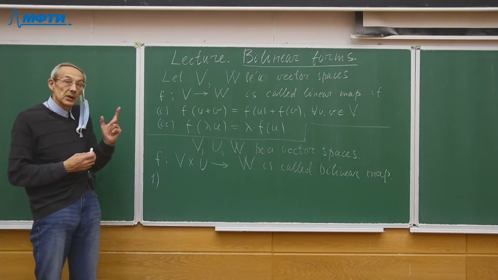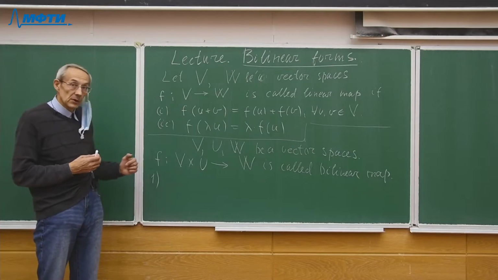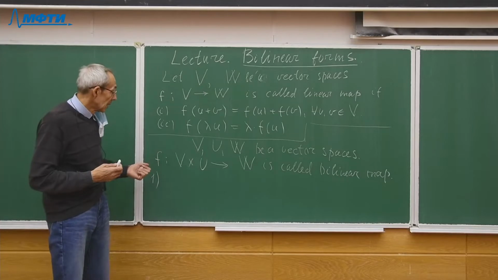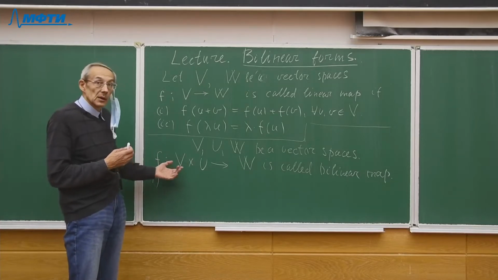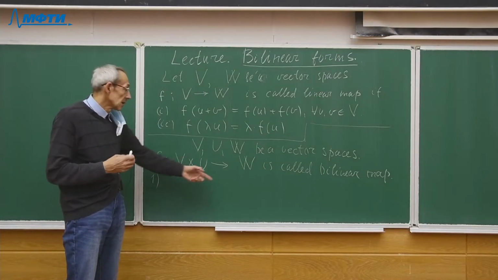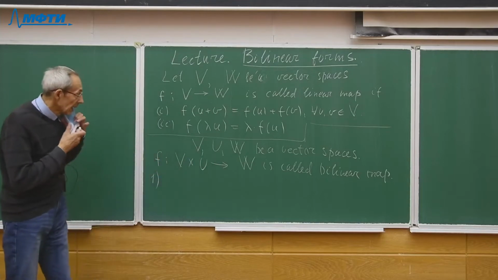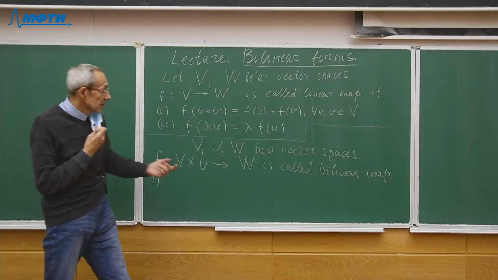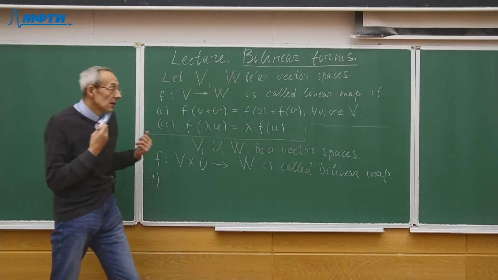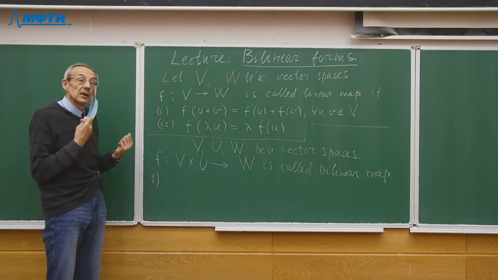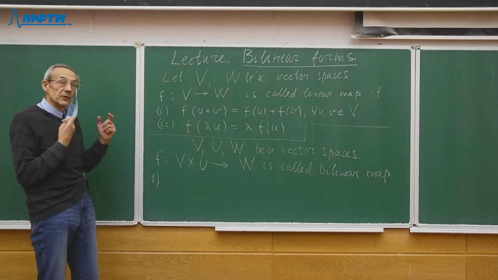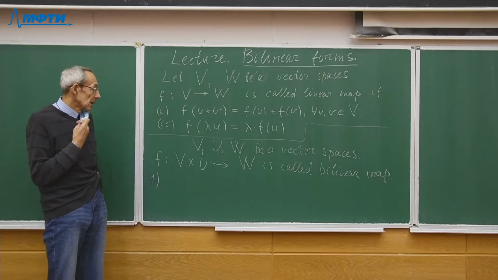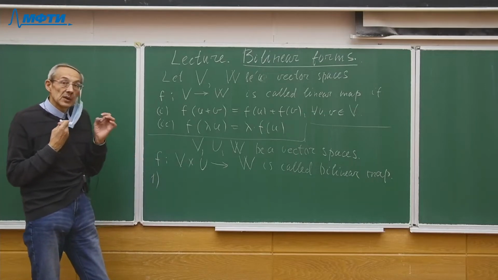If we fix one of the elements of these ordered pairs, we obtain a map from one of these vector spaces to the vector space W. The term bilinear means that this map, when we fix one of the vectors of this product, must be a linear map.